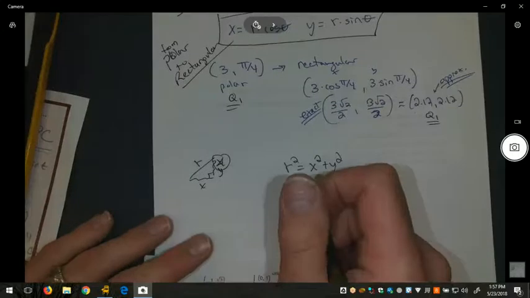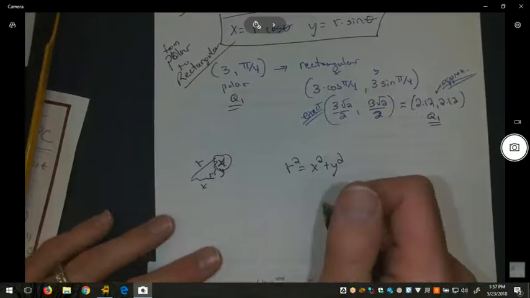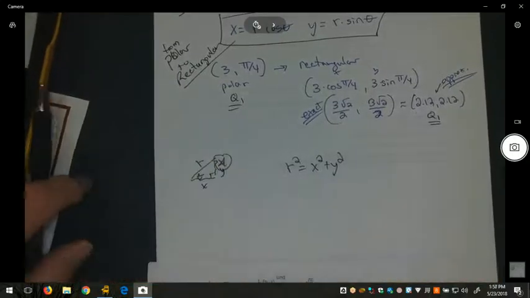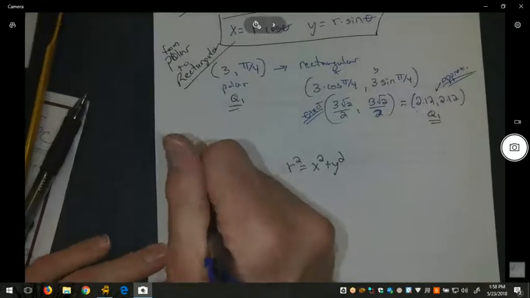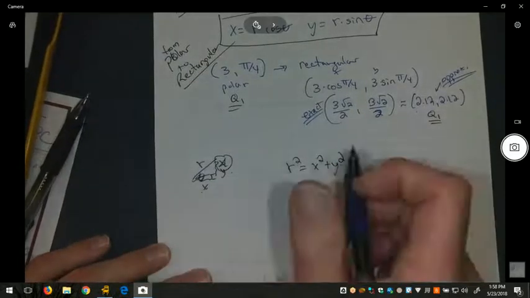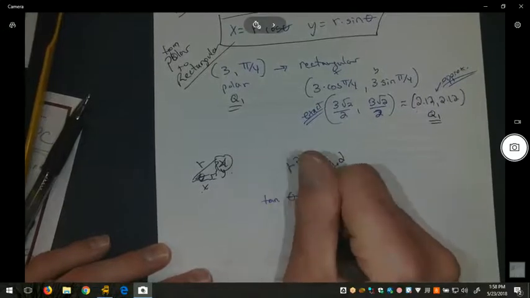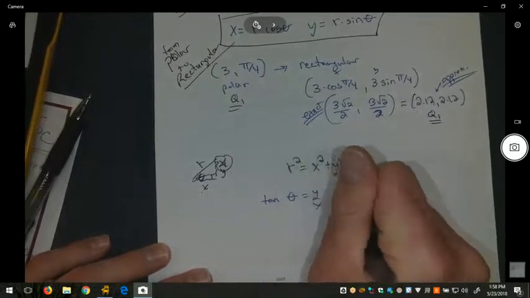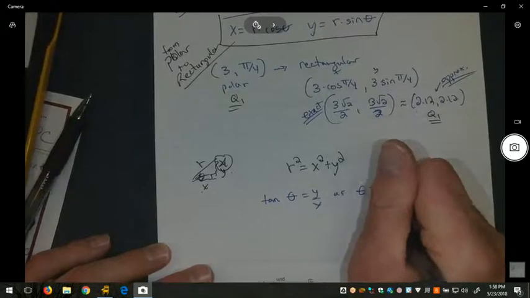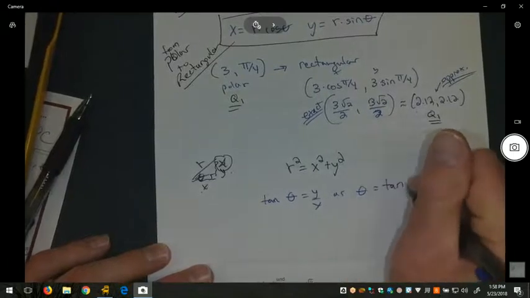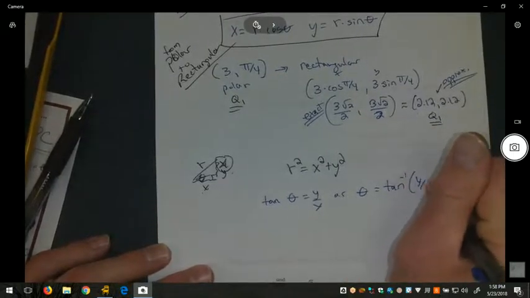And we also said that the angle had a relationship to x and y. Since y is the opposite and x is the adjacent, the tangent of theta is equal to y over x, or theta is equal to tangent inverse of y over x.